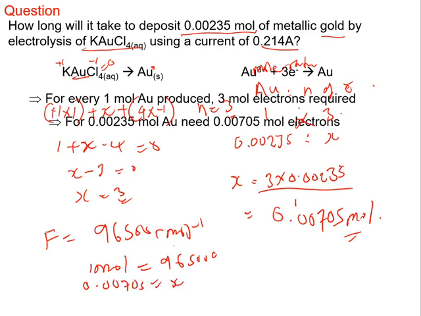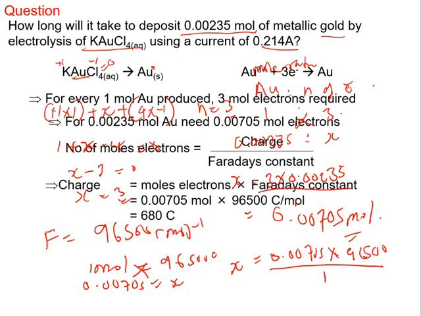Cross multiply: x is equal to 0.00705 times 96,500 divided by 1, and the answer is 680 coulombs. Perfect. So these are the number of coulombs that passed through.